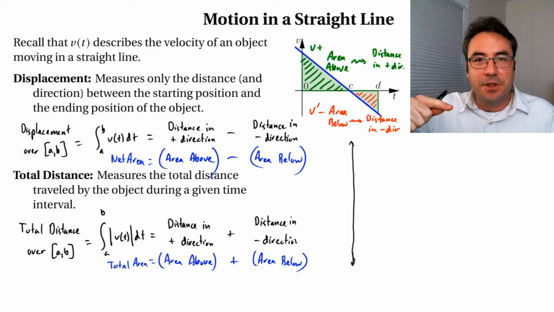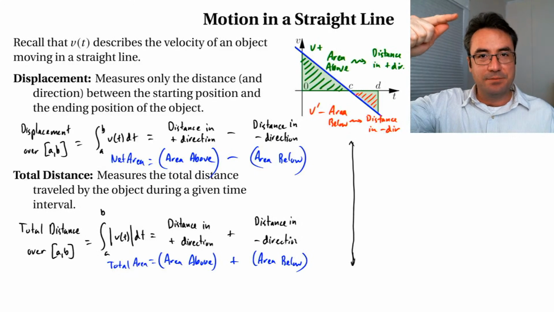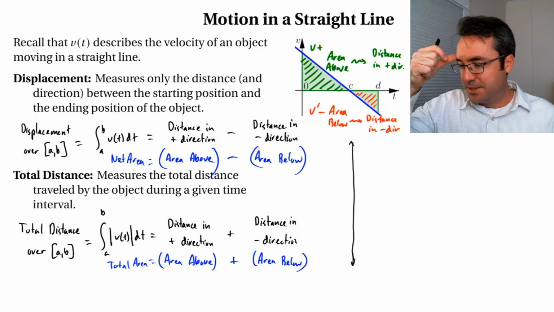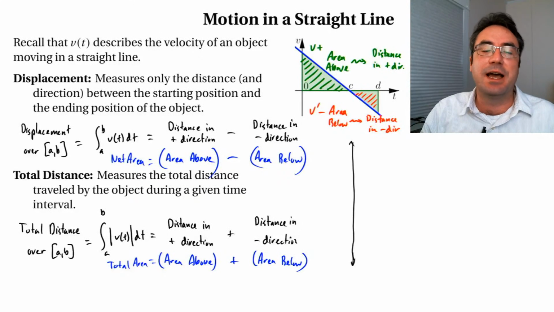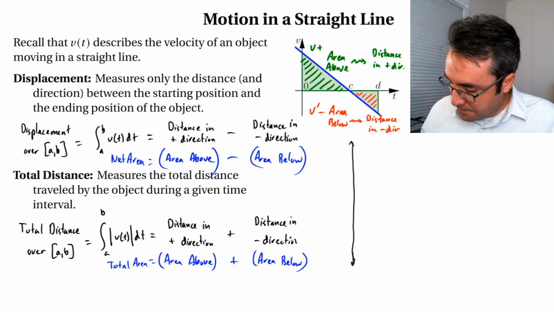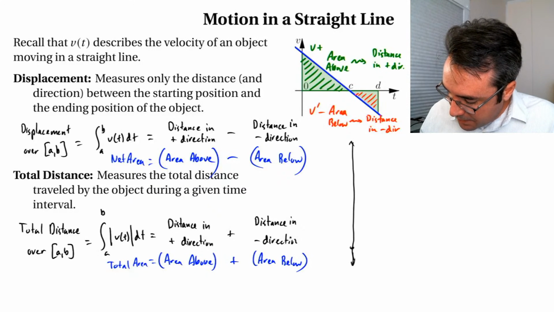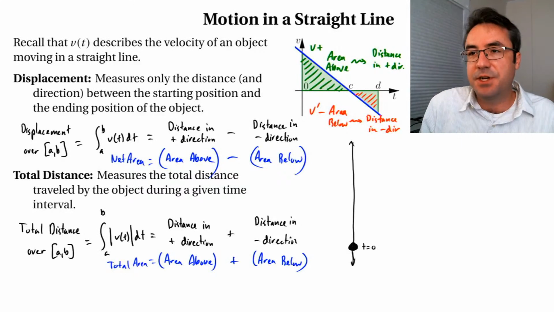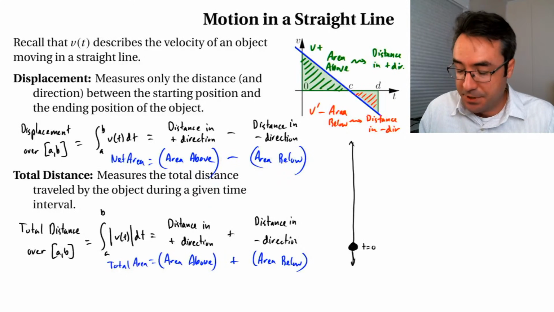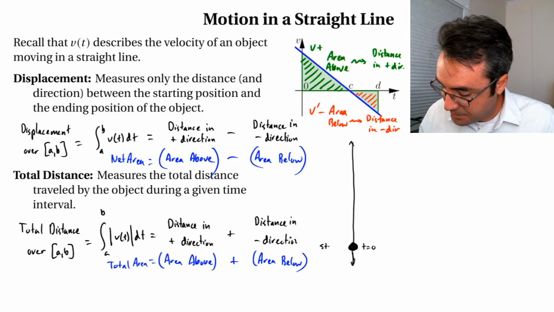This is the line that our object is going to move in, up and down. And let's say the positive direction is up and the negative direction is down. So let's suppose that our object starts here at time t equals 0. So this is our starting position.